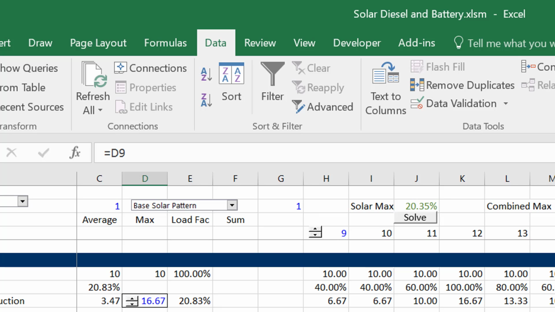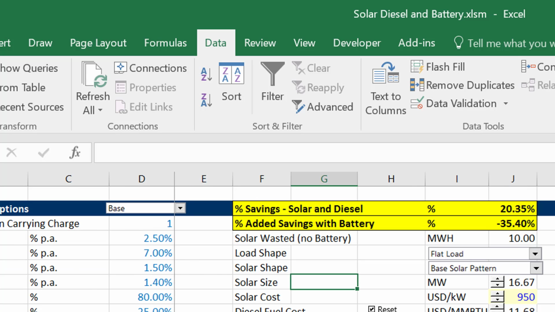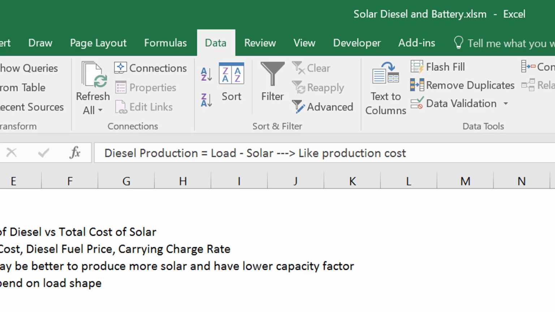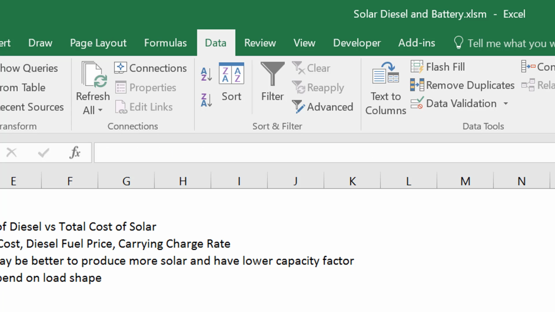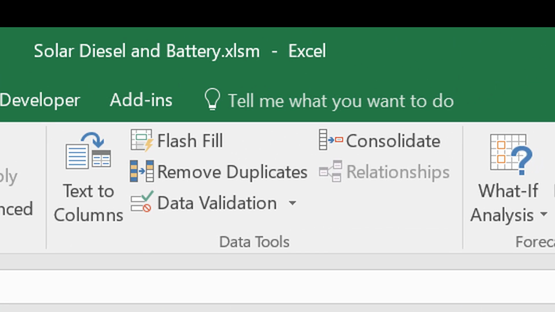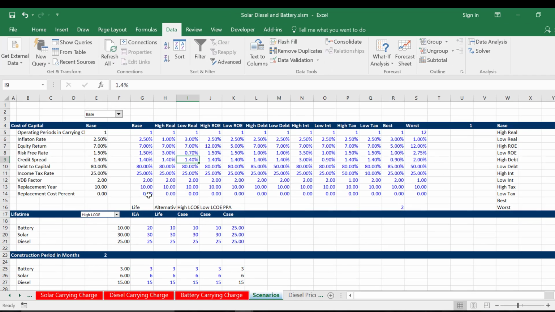I hope I've gone through enough kind of solar issues. I guess the one other thing to discuss very, very quickly is these scenarios. You see I have all of these different scenarios with respect to the cost of capital. And then this is the index function, the index code.